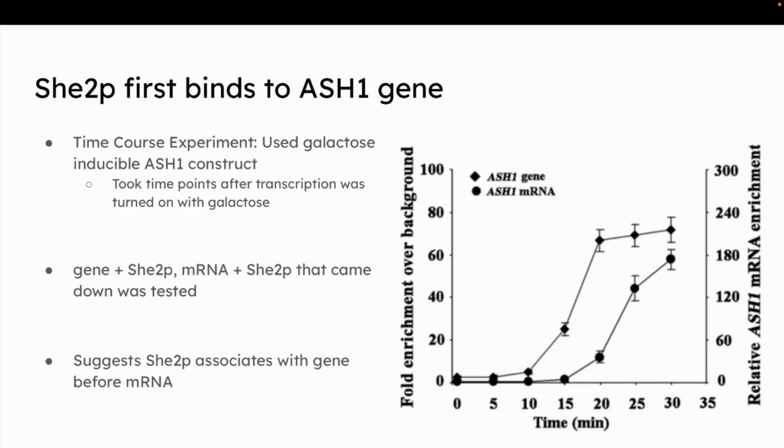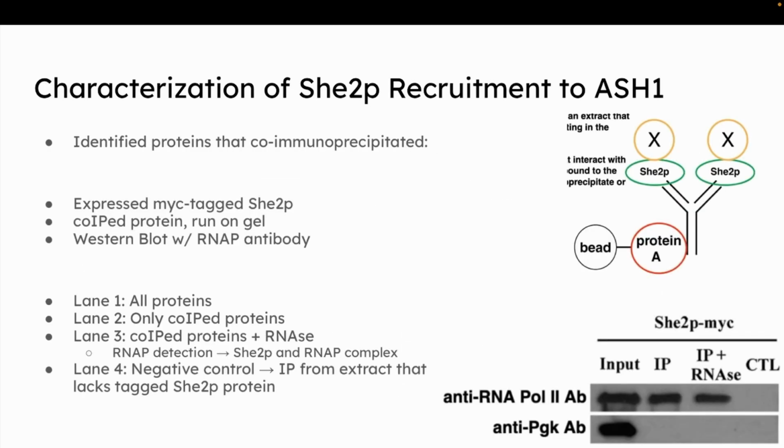That sort of suggests that SHEP2 binds to the gene first, and then, let's say they're transcribing the mRNA, then it kind of hops on, right? That's sort of what it's suggesting. It suggests that it first huddles around the gene, and then it binds onto the mRNA. So that's just more molecular characterization of SHEP2.